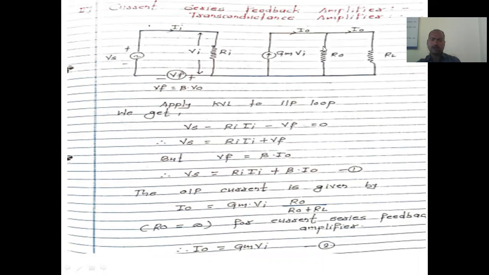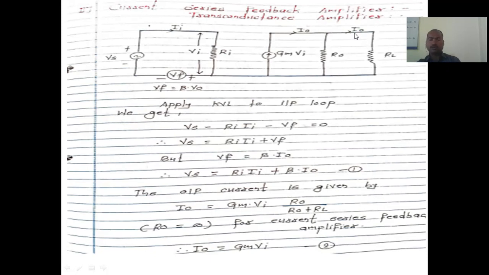In this case, the applied voltage is Gm into Vi. So the equation is R0 divided by R0 plus RL into Gm into Vi. See here, I0 is equal to, so this voltage, sorry, this current is not a voltage, this is a current.